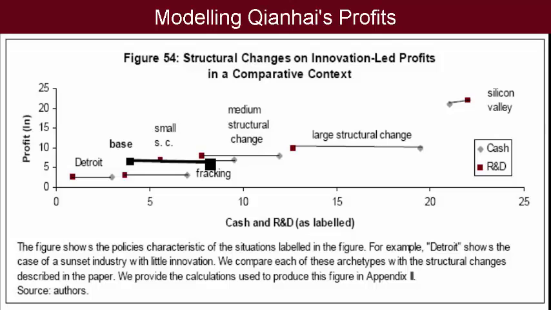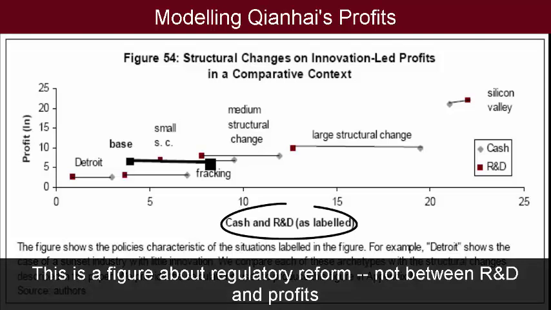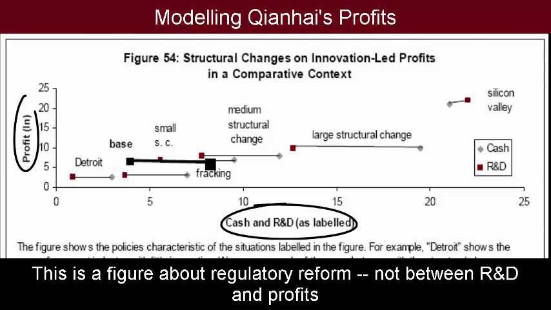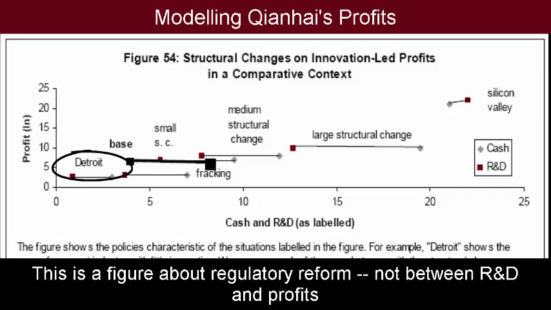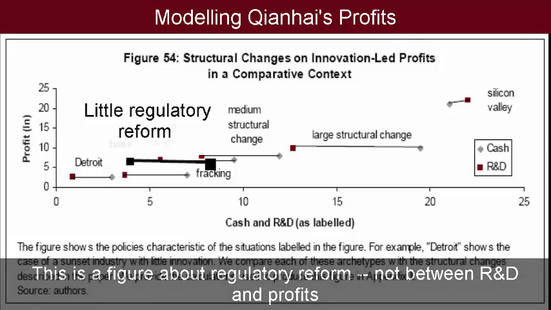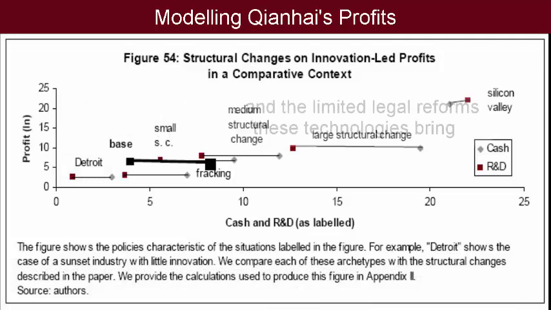The figure we show in front of us looks at the impact of increased company cash and R&D spending on profits, and we show various scenarios such as the relatively low R&D spending and the pass-through of such spending into profits in companies like Detroit or legacy companies. We look at the effect of new technologies such as fracking.